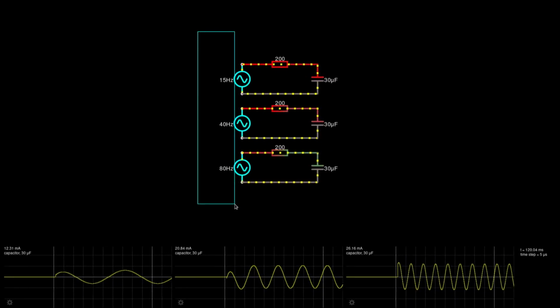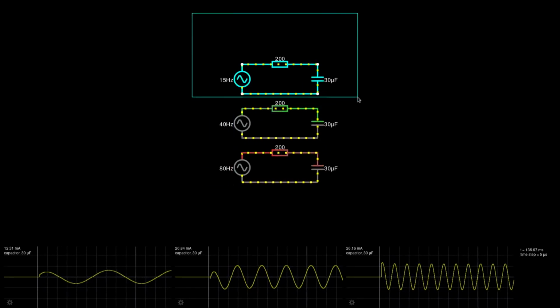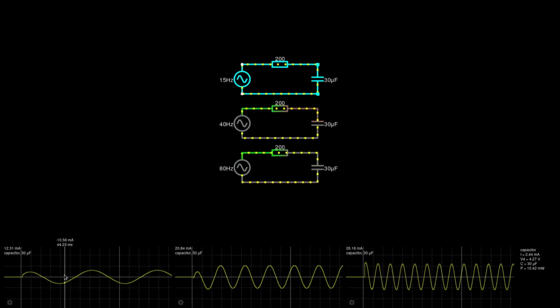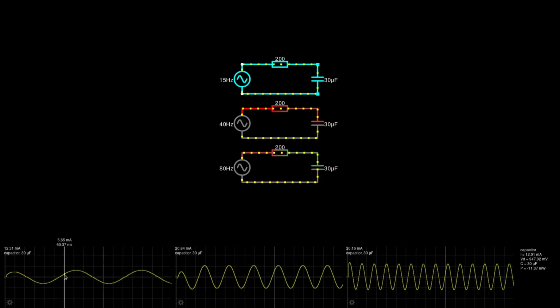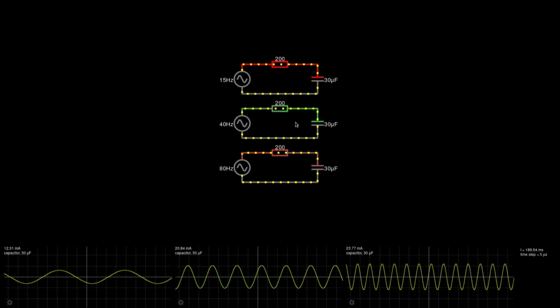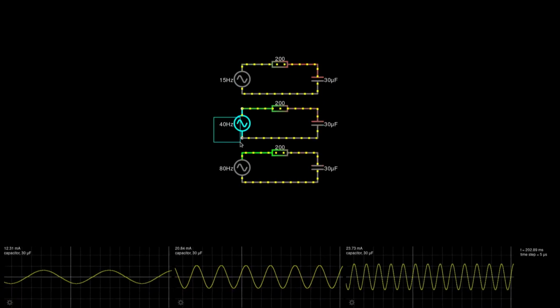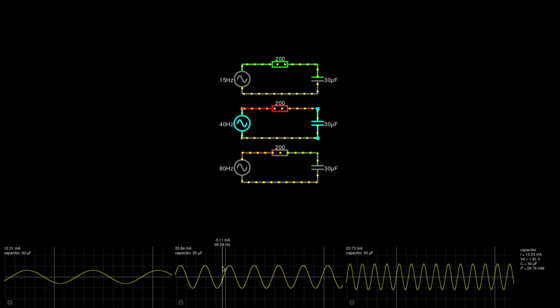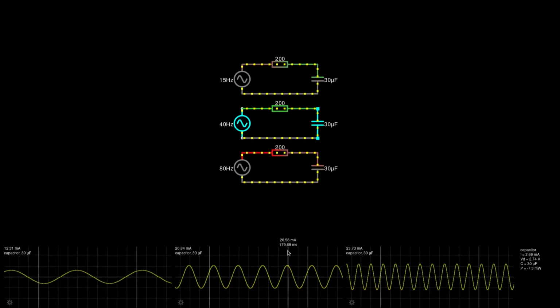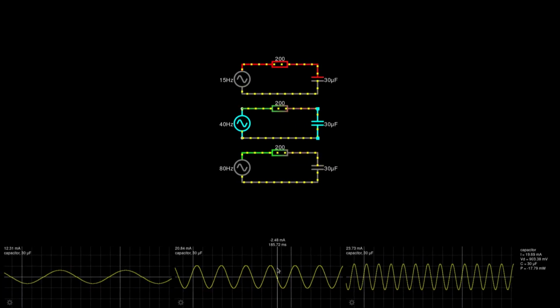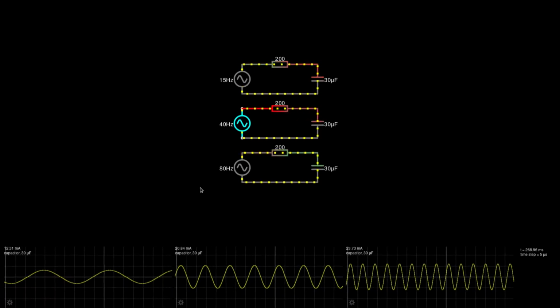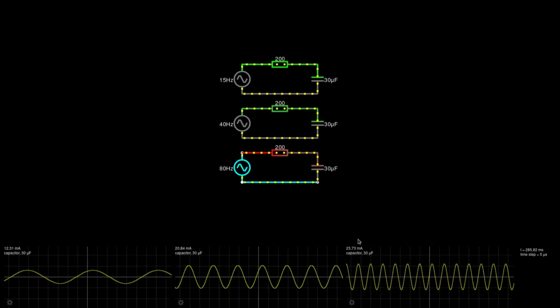So the lower the frequency, the lower the amperage or higher resistance. The higher the frequency, the higher amperage and thus lower resistance. And once again, higher frequency, higher amperage, lower resistance, even more.